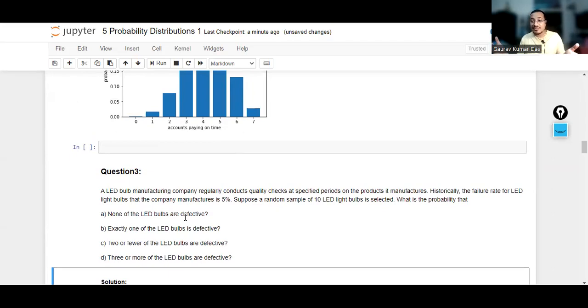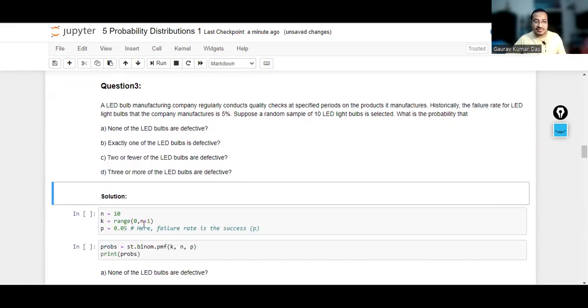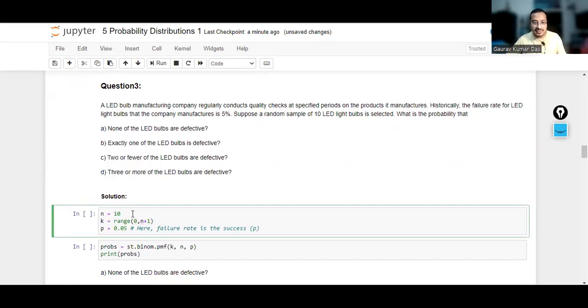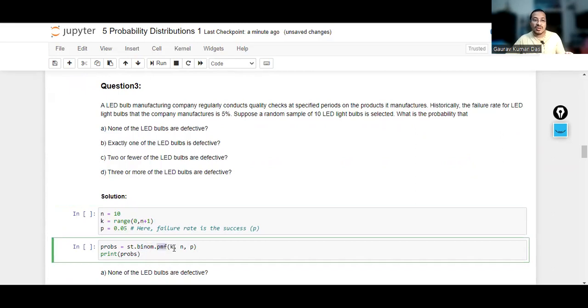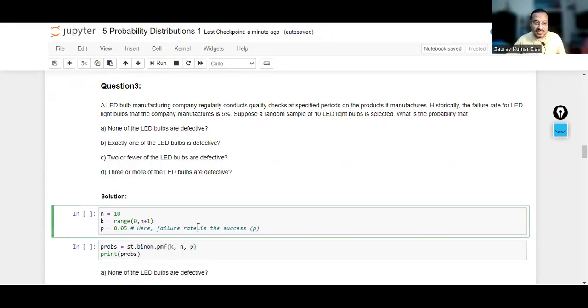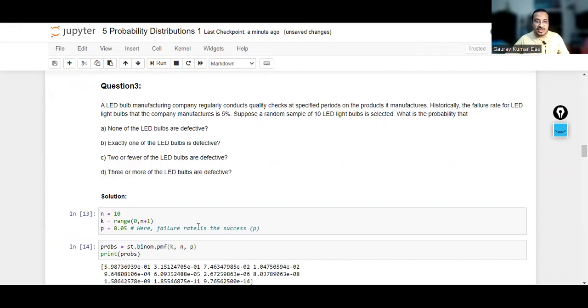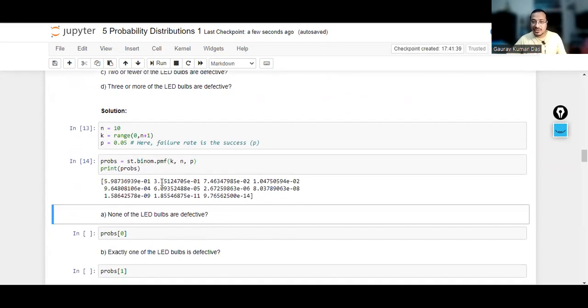We have 10 LED bulbs, so out of 10 LED bulbs, 0 to 10 can be defective. So we'll take k from 0 to n plus 1, which is 11. n is 10, the number of trials. Here also, in the same way, st.binom.pmf of k, n, p. Very simple. This is my entire list of probabilities.